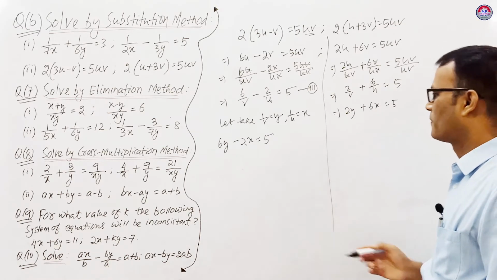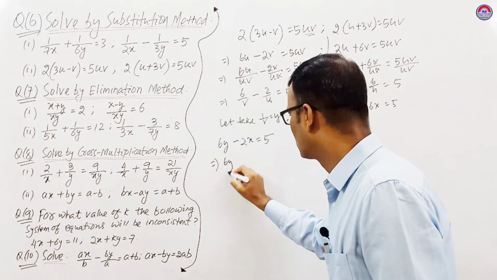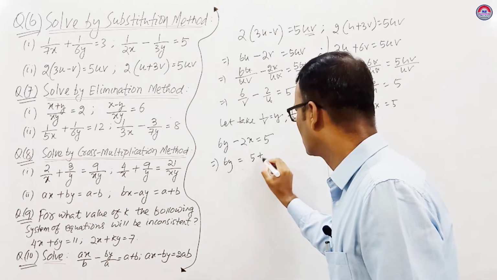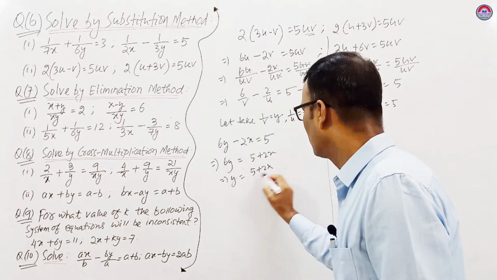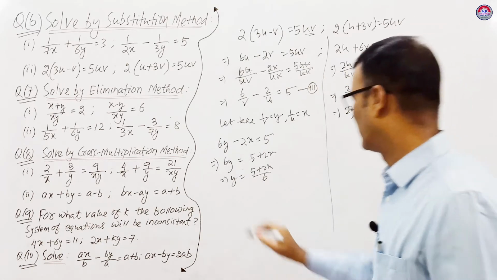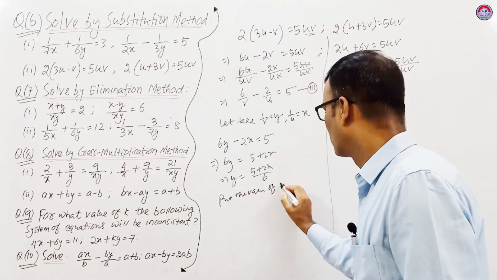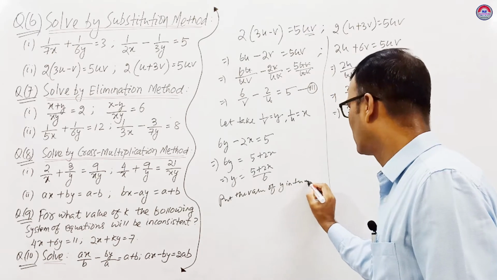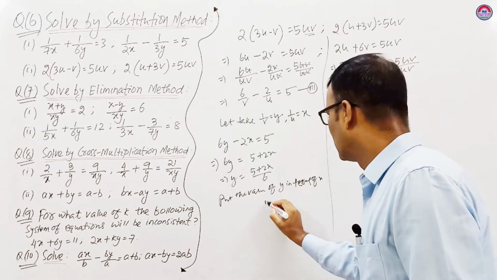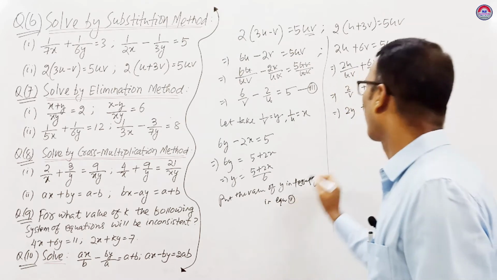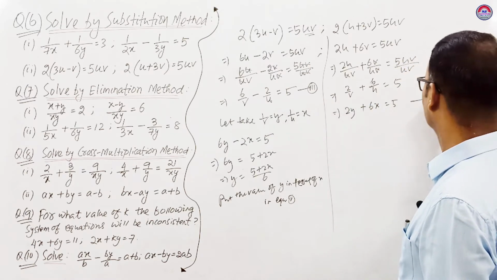Now solve. You see, substitution method means first find y. 6y equal to 5 plus 2x. So y equal to 5 plus 2x by 6. Now put the value of y in terms of x in equation 2, or if you write it, this is equation 4.